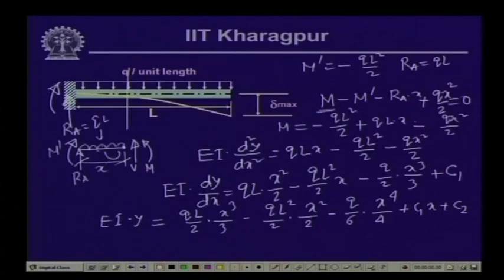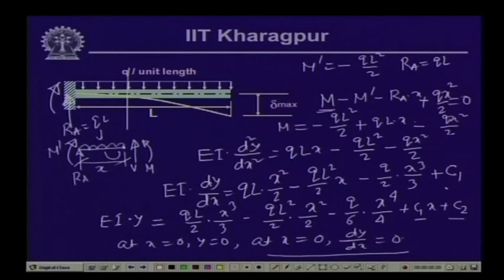Now, the boundary conditions: C1 and C2 are the two unknown constants which are to be evaluated from the two boundary conditions. The boundary conditions here are at x equals 0, y equals 0, and also at x equals 0, dy/dx equals 0. If we substitute that at x equals 0 dy/dx equals 0, that gives us C1 equals 0, and at x equals 0, substituting y equals 0, we get that C2 also equals 0.